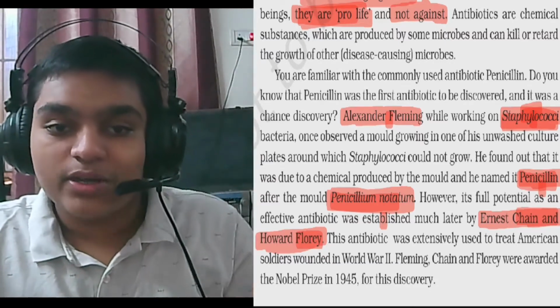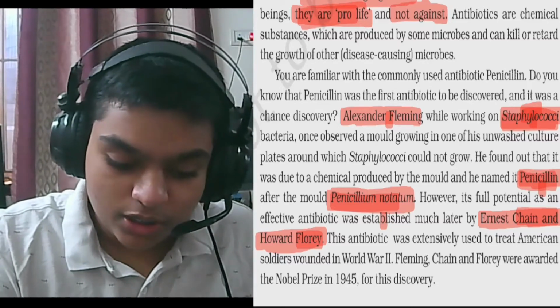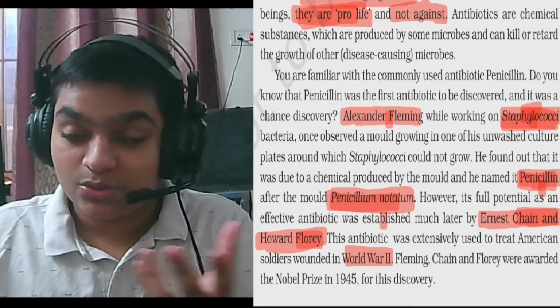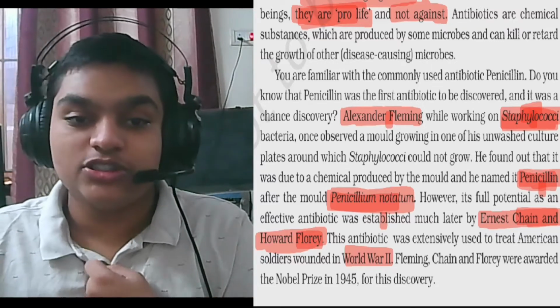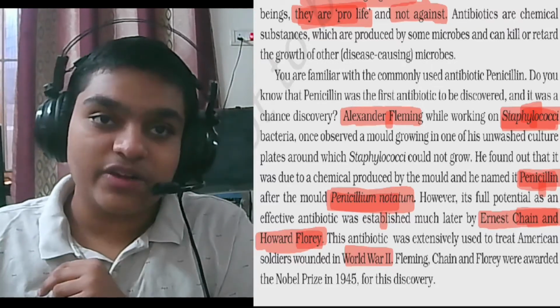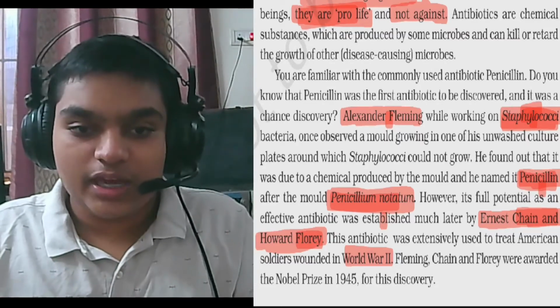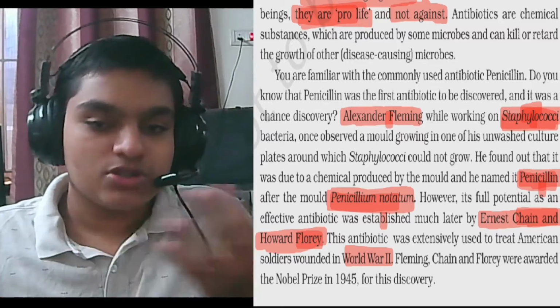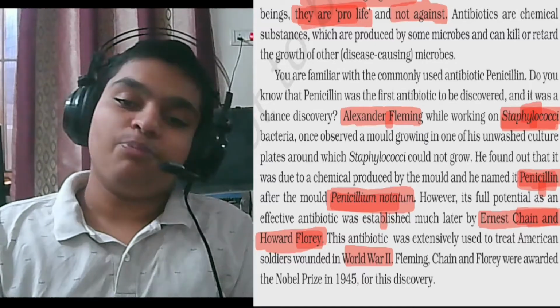This antibiotic was extensively given during World War II to the soldiers who got injured. If they were given this drug, the next day morning they came again to fight. Their wounds vanished. So that is why they called it a wonder drug during that time.